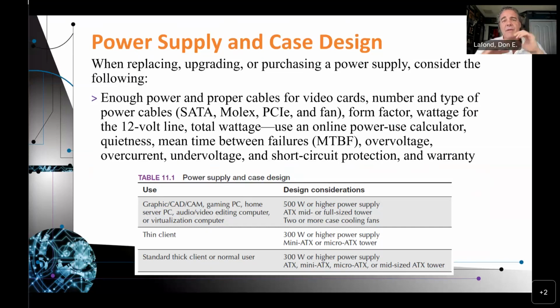Well, if you have 500 watts and you have 500 watts worth of stuff, then unfortunately, you're going to get these things called ambient spikes, where when something comes on, it uses more power than it ultimately uses after it's been on for a little while.